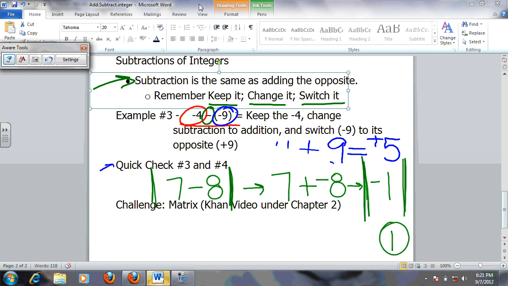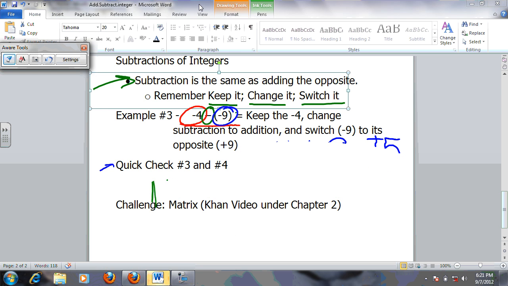Let's try one more. Absolute value. The absolute value of -10 minus -4.